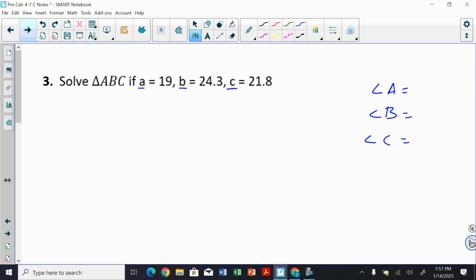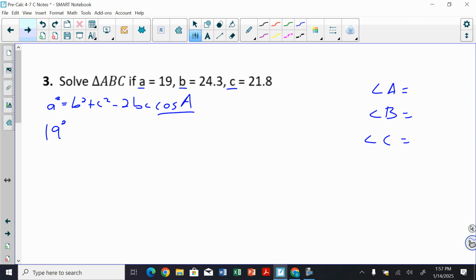Okay, so if I start with law of cosines, because I don't have any angles, so I got to use law of cosines, I can find one of the angles. So if I start with A squared equals B squared plus C squared minus 2BC times the cosine of A, I can at least work on finding angle A. So let's plug that in.